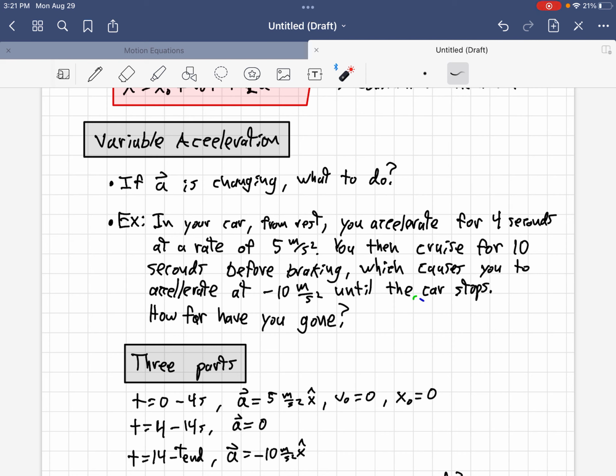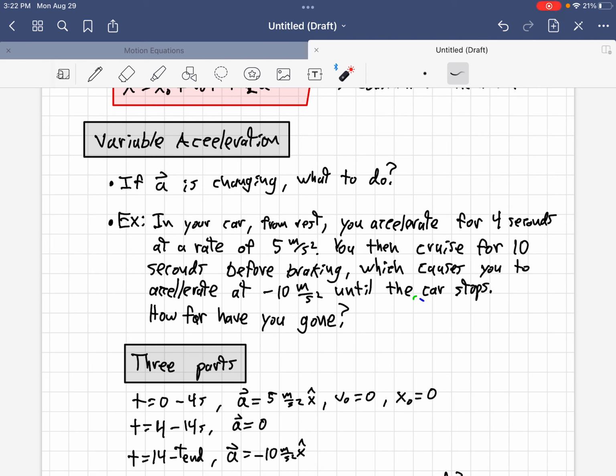Let's say you're in your car at a stoplight, so you're not moving. From rest means your initial velocity is 0. Then you accelerate for 4 seconds at a rate of 5 meters per second squared. Then you're going to cruise for 10 seconds, so your acceleration is going to be 0.